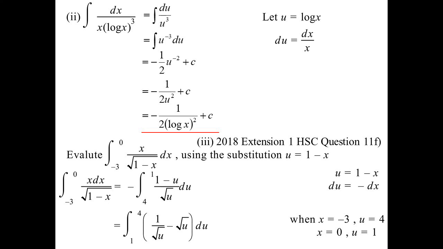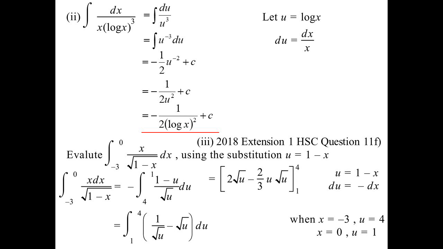Now, 1 on root u, that integrates to be 2 root u. That's another one that's handy to remember. You see it a lot, the du on root u, and so it ends up being 2 root u, because u to the power of minus a half, add 1 to the power, it becomes positive a half, but over a half is the same as times 2.